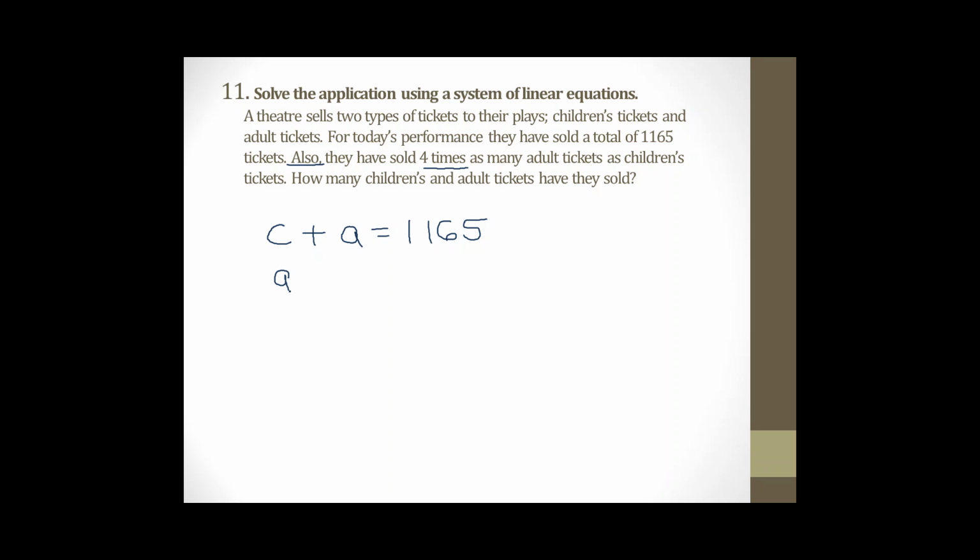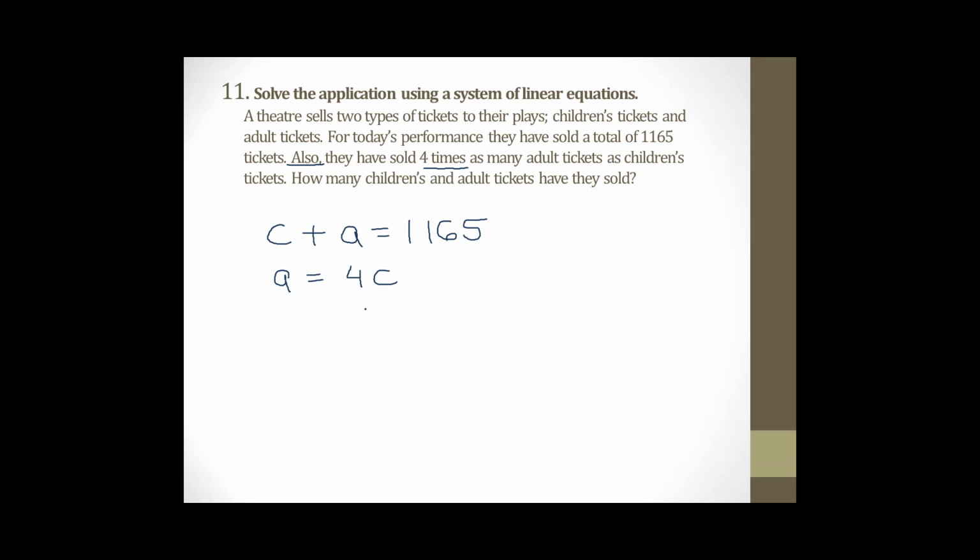So the adult tickets is 4 times the children's tickets. That's my second equation. So now I have a system, and I can use either the elimination method or the substitution method to solve for A and C.